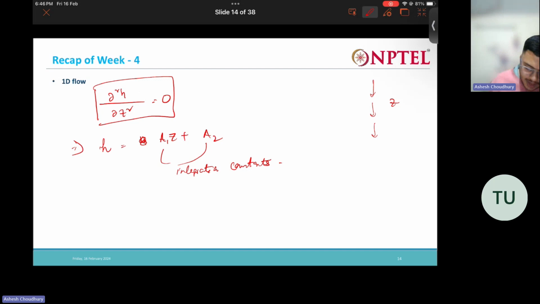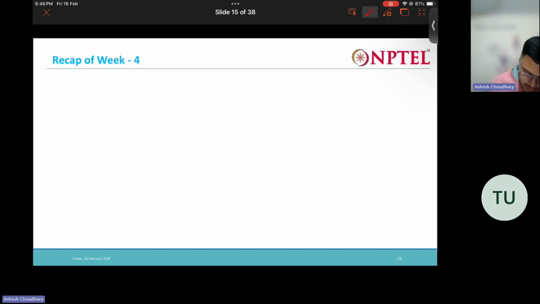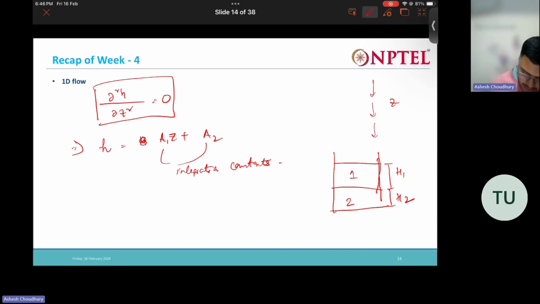Now say you have two layers of soil. This is one, this is two. This height is h1 and this height is h2. And the head here is h1c.